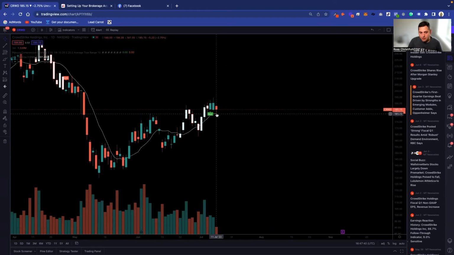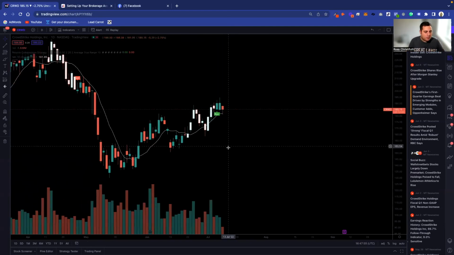But what happened? Buyers have pushed it back up as of this point. Now, could this be one of the losing trades in the future? Sure. But the reason why I'm pointing this out is because I have a level of confidence in this trade to leave it, even though a few things.